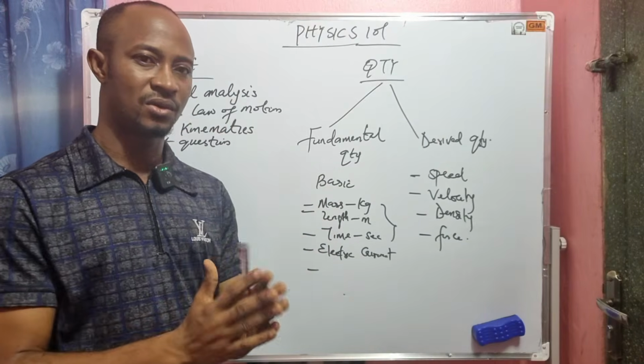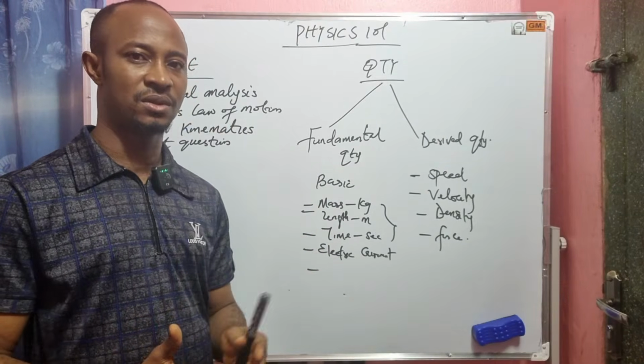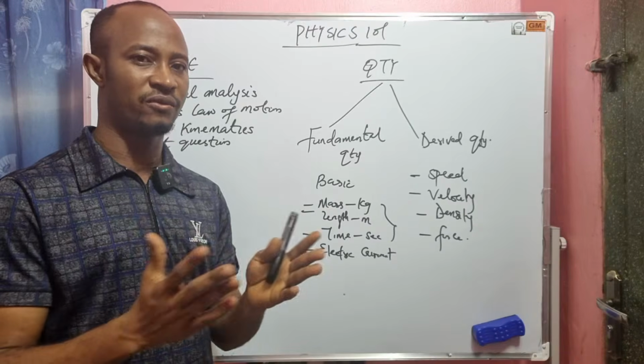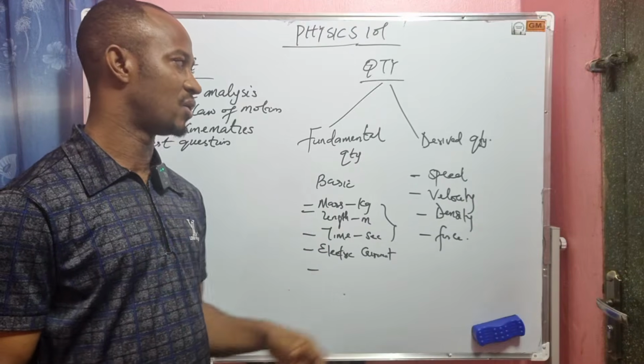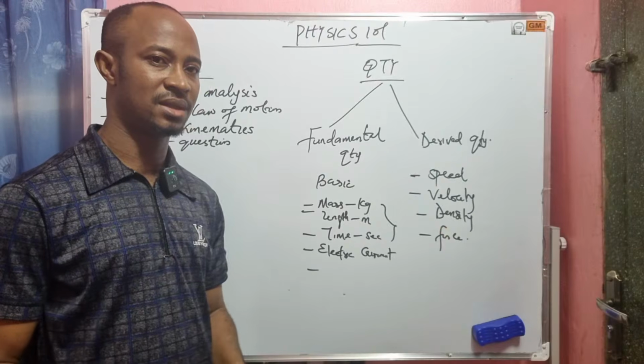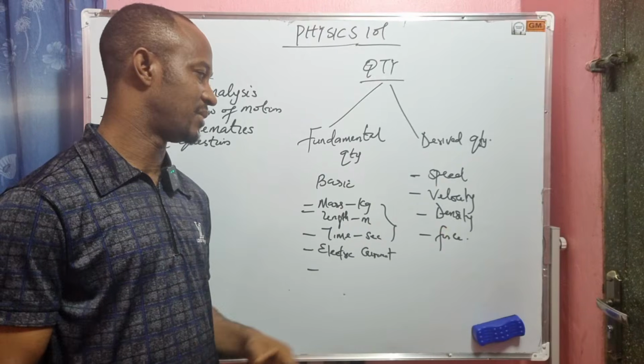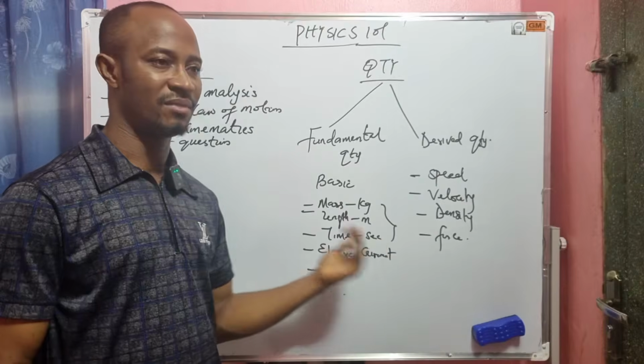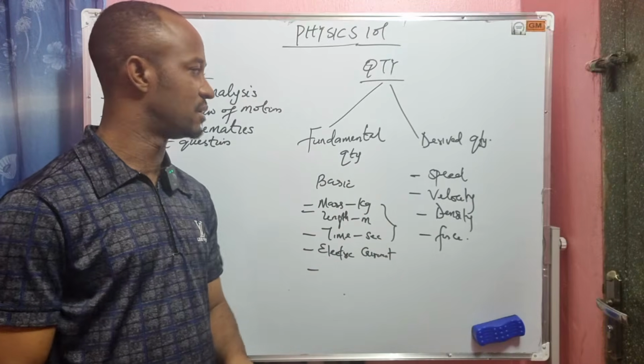Any quantity gotten either by division or multiplication of two or more fundamental quantities is called a derived quantity. They are not self-dependent, they depend on the fundamentals to define them, right?